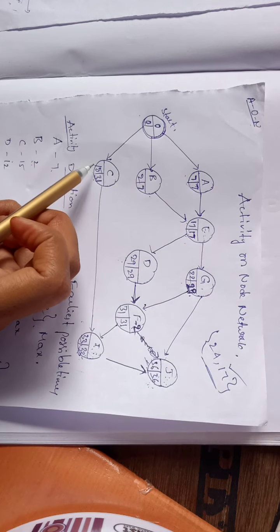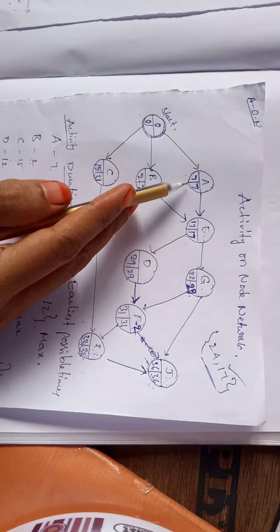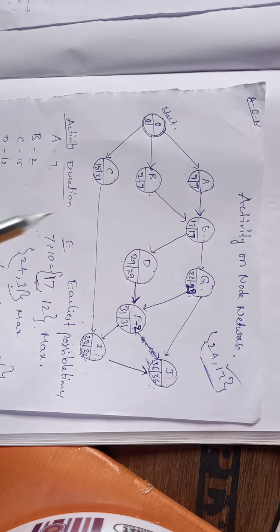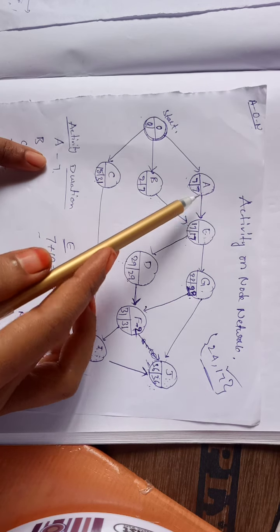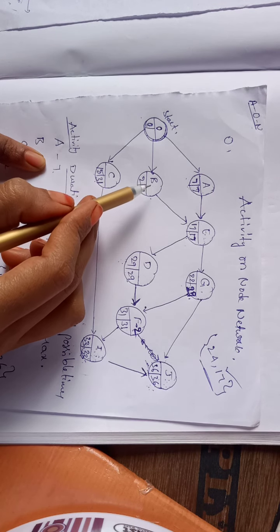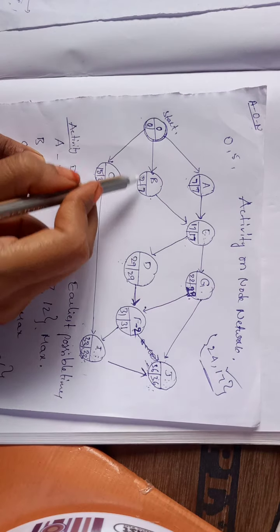So from these three we need to take the latest starting time for the starting event. Latest starting time, 7 minus the duration of A is 7. 7 minus 7 is 0 we are getting. And also here 7 minus duration of B is 2. 7 minus 2 is 5 you are getting from this path.